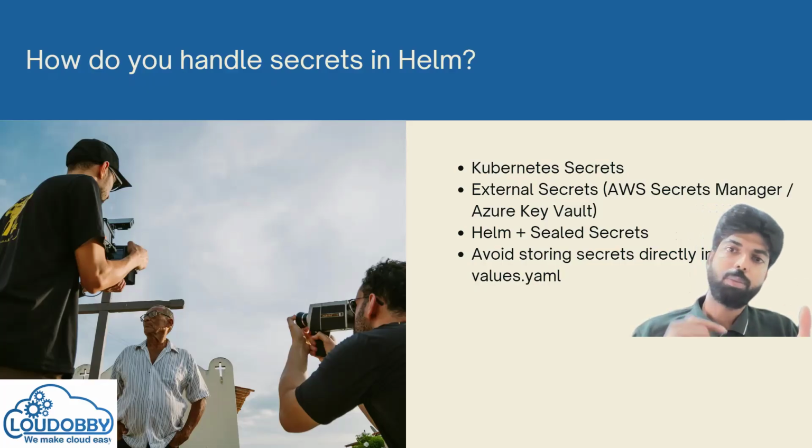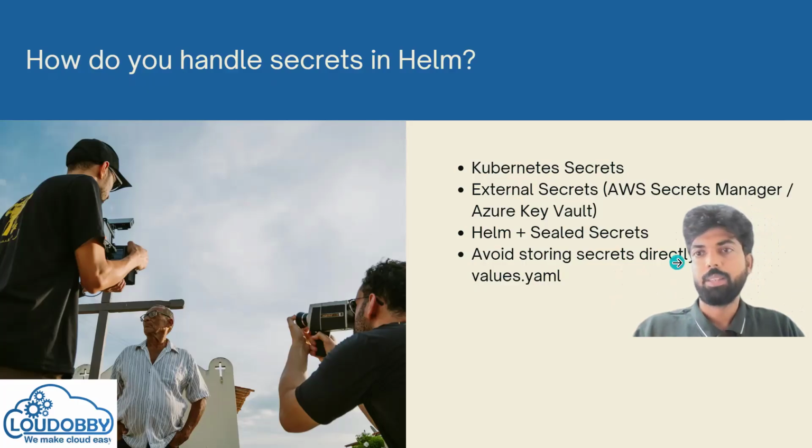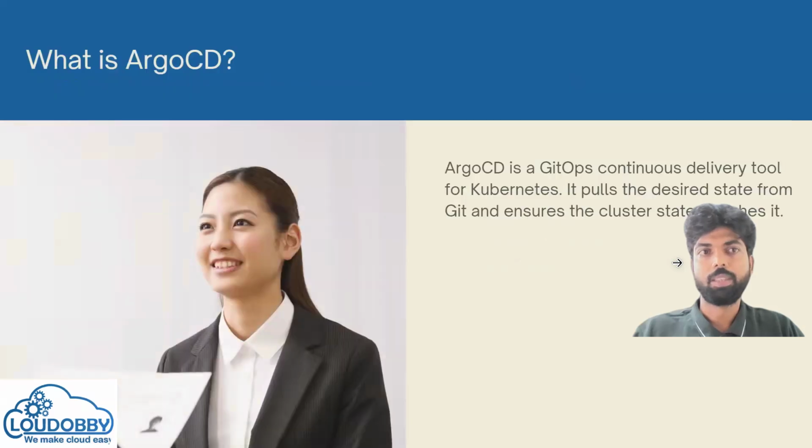In the values files, it will point to the secrets. And it should come from the secrets, either Kubernetes Secrets, and ideally in production, they will use the external vault like AWS Secrets Manager or Azure Key Vault. This is how you will manage the secrets.